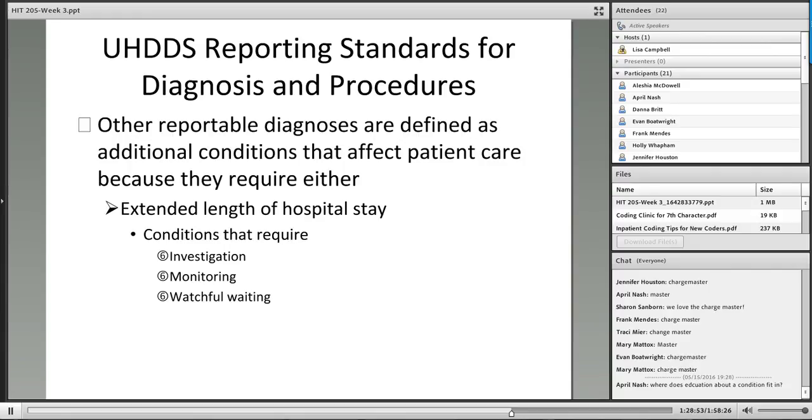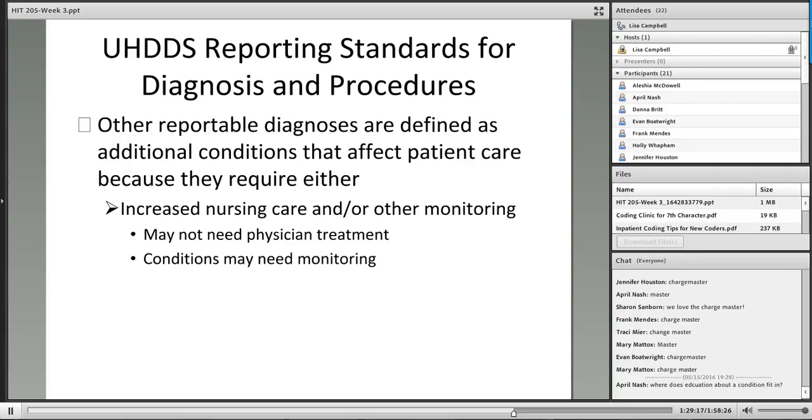Conditions that extend the length of stay. Conditions that require monitoring. Conditions that require further investigation, or we have to watch them, or it requires an additional hospital stay. It is a secondary diagnosis that can be reported.